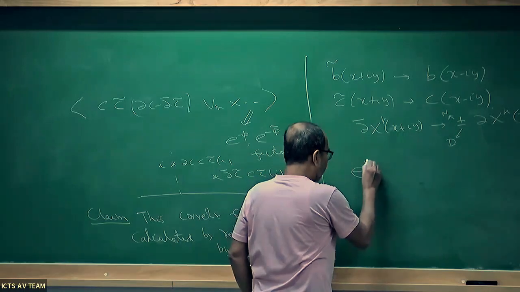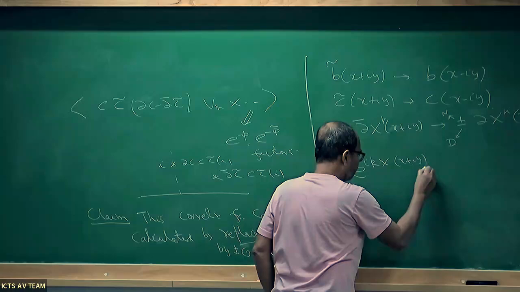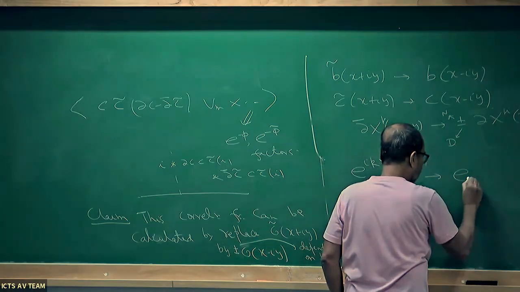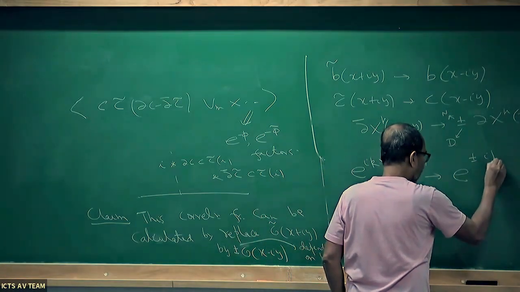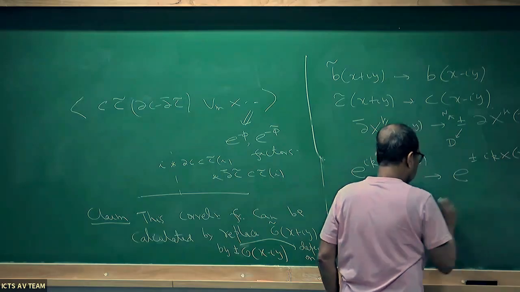e to the i k dot X at x plus iy. This is replaced by e to the power plus minus i k dot X at x minus iy. This is not replaced, this is repeated.